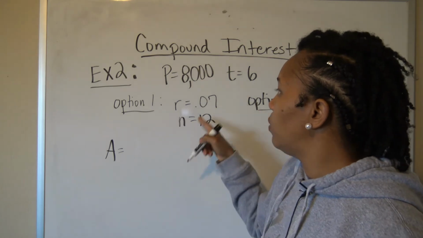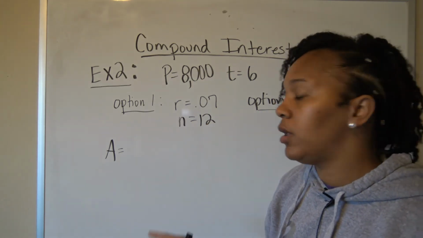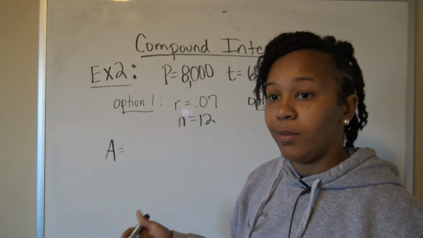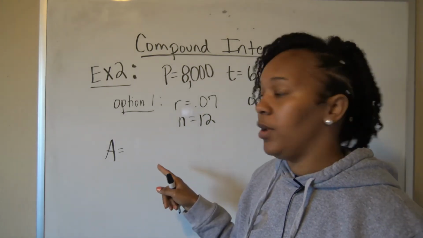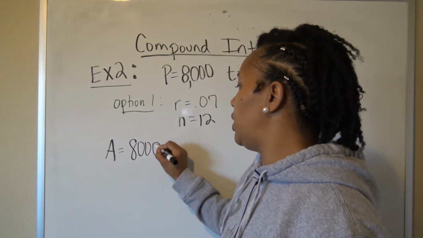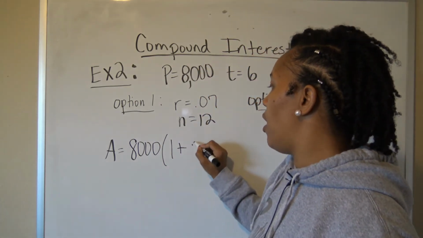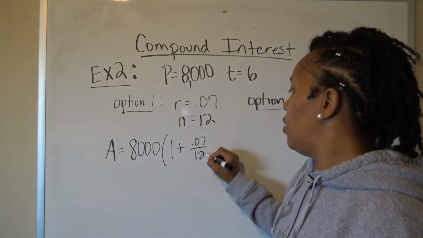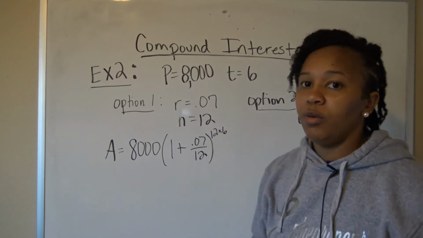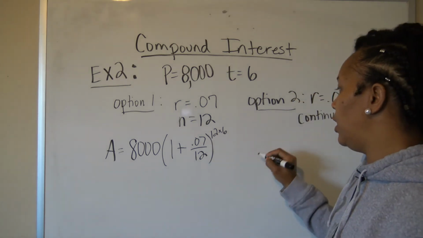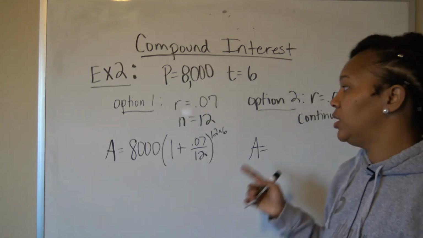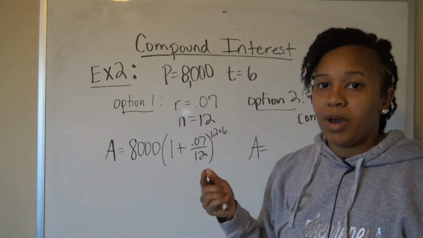For the first one, we'll use the compound interest formula because it gives us a number of compound periods. So that would be 8,000, and remember, it's P times 1 plus R over N raised to the N times T. For the second one, we will use the continuous compound formula because it says the interest is compounded continuously.